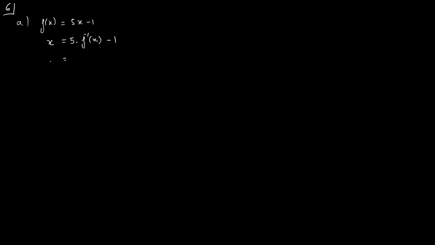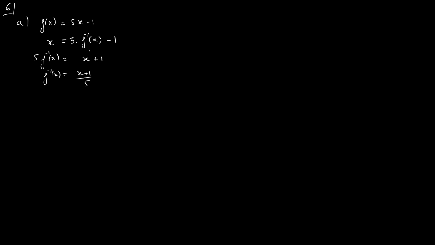In this case, you get x plus 1, moving that to this side, equals 5 times f inverse of x. So let's divide both sides by 5, and you find (x plus 1) over 5. And these are going to be the inverses of each other.